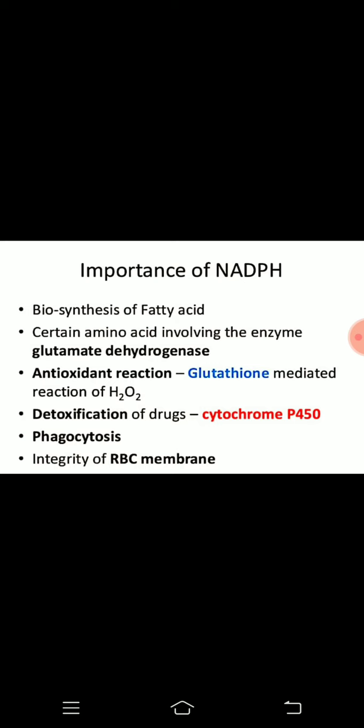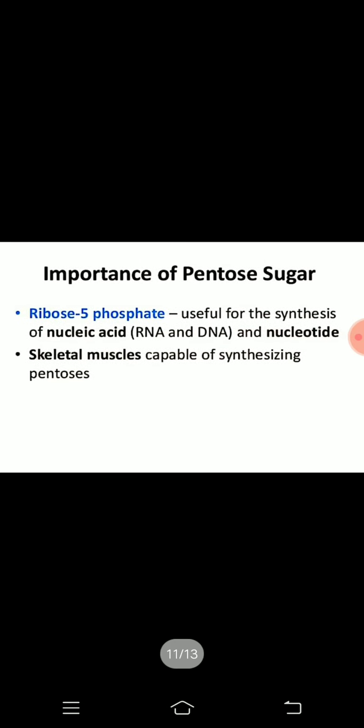Also it is helpful in the synthesis of glutamate, and in the detoxification of drugs by cytochrome P450. It is also helpful in phagocytosis, and to maintain the integrity of the RBC membrane. Pentose sugar, meaning ribose sugar, is produced. This ribose sugar is very helpful for the biosynthesis of nucleic acids like DNA and RNA.